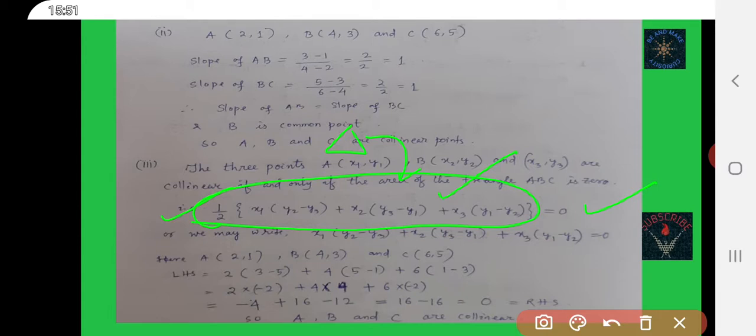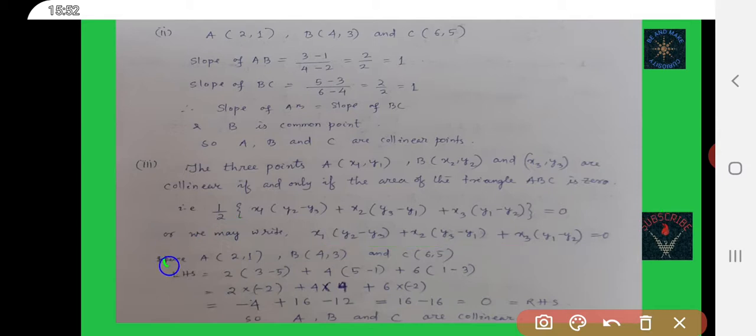So we have to show this left side is equal to 0. Or you may write, see here half is given, you can take it to the right side, then you get this. If this is equal to 0, then also we can say the points are collinear.